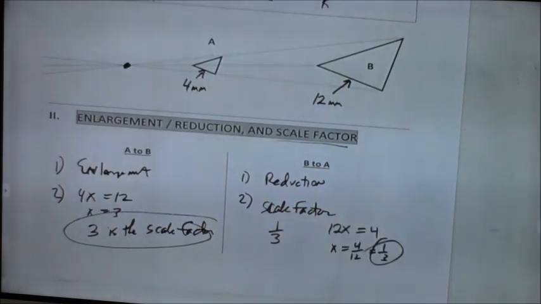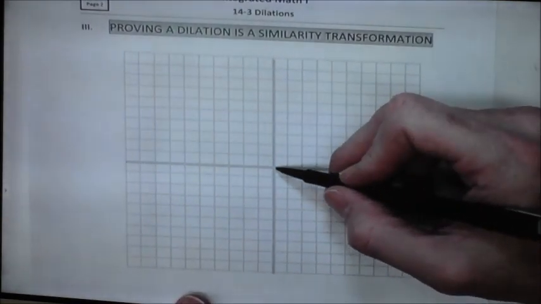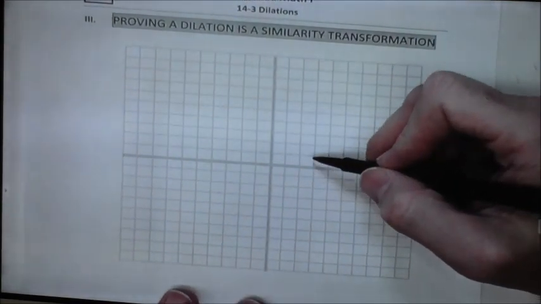Okay, that's page 1. Let's look at page 2-1 here. And I have a nice little graph. I finally figured out on the computer how to do a wider graph so we can still see and work with it. So what I'd like to do here is put a couple of triangles here. So follow along with me. I'll make this a little larger. Up here.